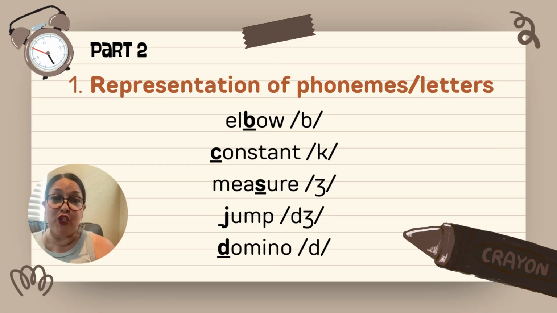For the word measure, the zh sound in measure is represented by a 3 within phonemic brackets. For the word jump, the j is represented with a D3 in between phonemic brackets. And the word domino, the D sound is represented with the D within phonemic brackets.